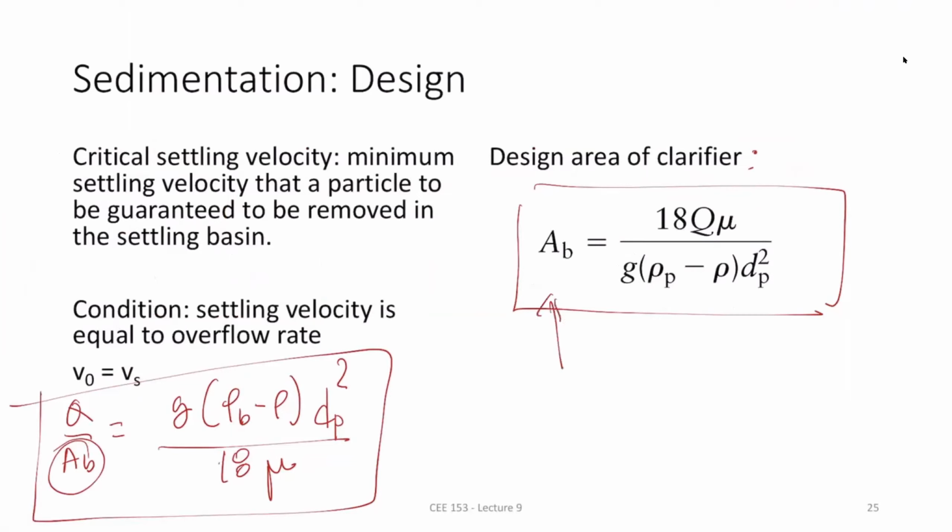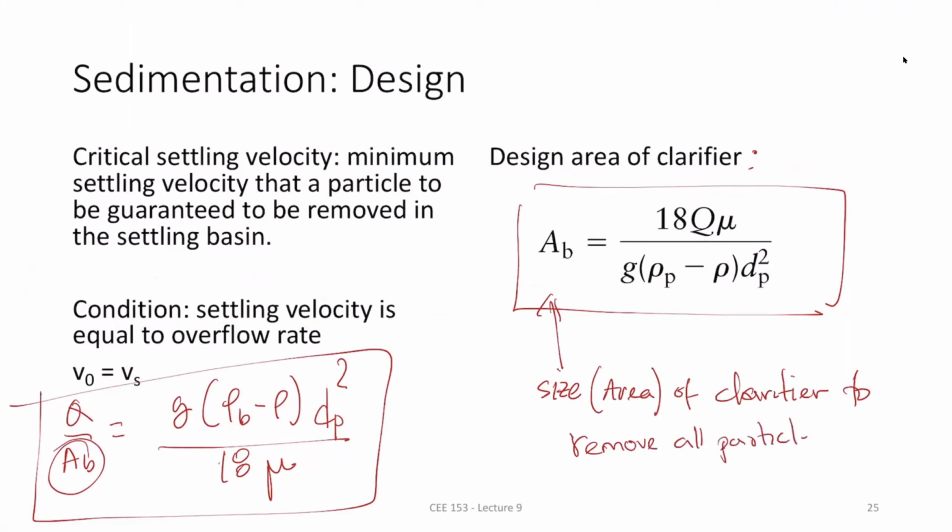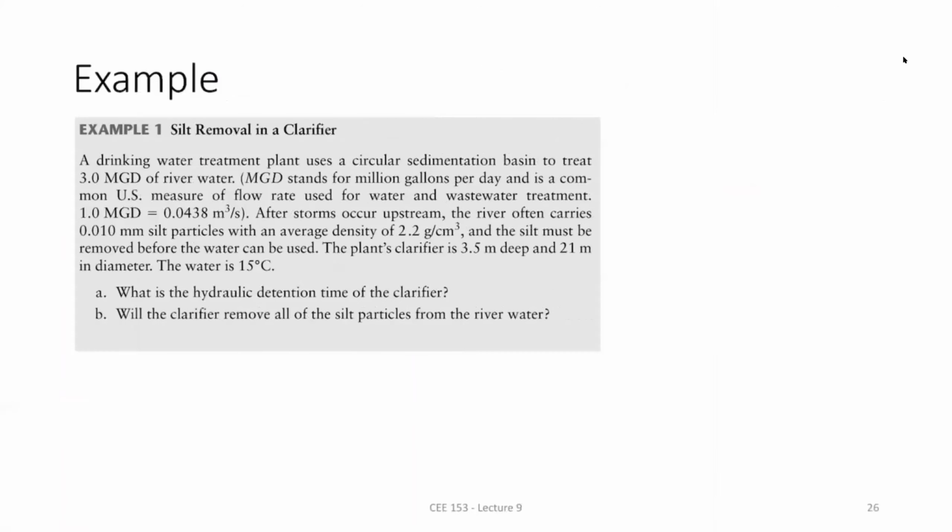So AB is the area of the clarifier to remove all particles with size dp or bigger. All that means is this: if you know the particle size, you will be able to calculate the area needed.